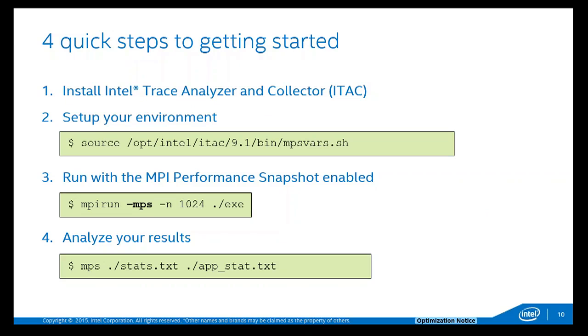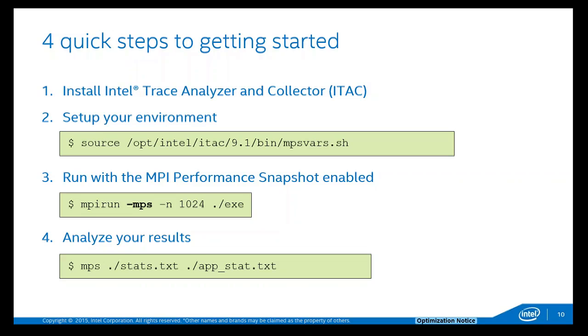It's fairly easy to set up your environment. We do this with all of our tools, whether you have the Intel compilers, the Intel MPI library, the Intel Trace and Collector, or vTune, whatever is part of our tool suite. We provide a handy script, either Bash or C Shell.